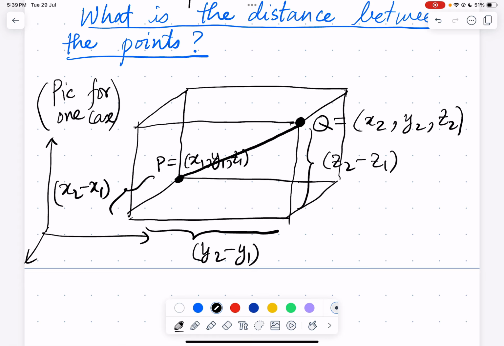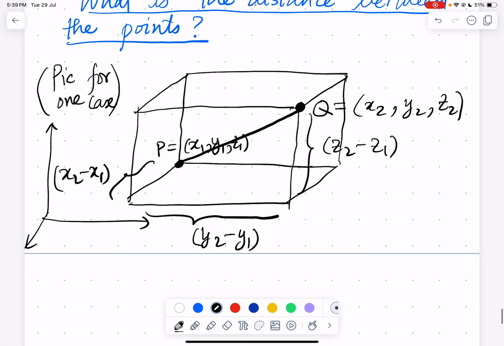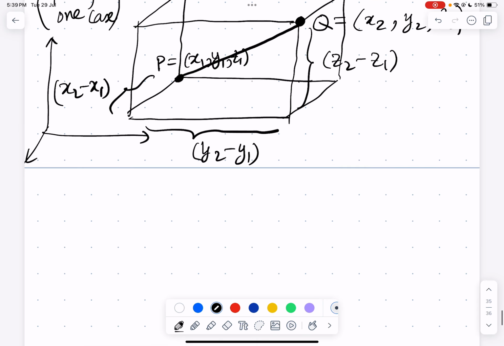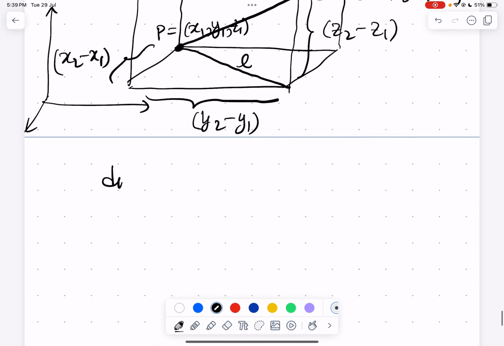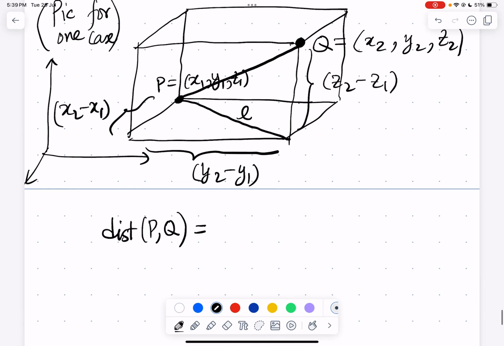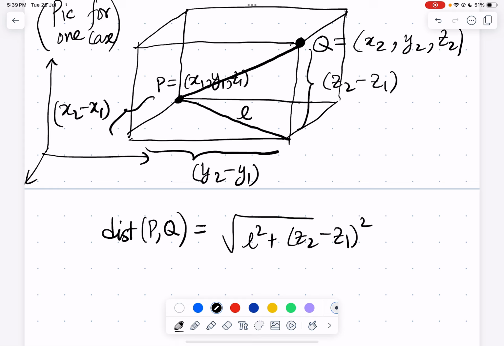Okay, so this is the picture for one configuration. In this configuration, what is the distance? Well, we can apply Pythagoras theorem twice. Consider this length, which we can call L. Then the distance between P and Q is the square root of L square plus (z2 minus z1) square.